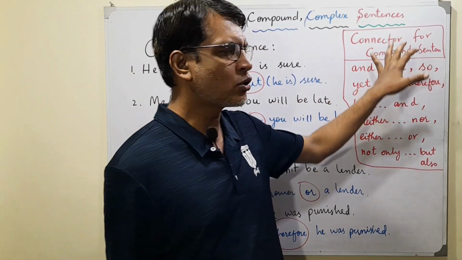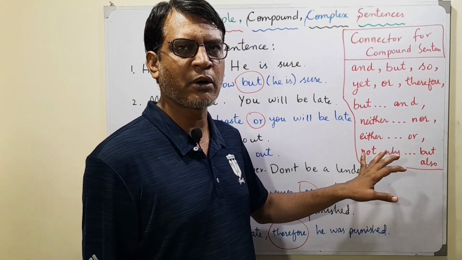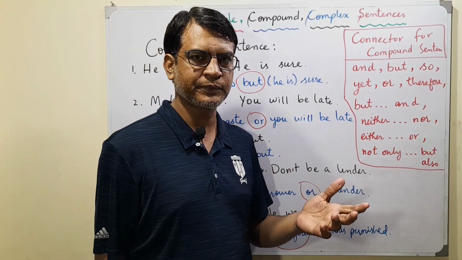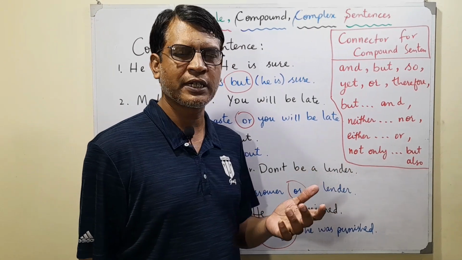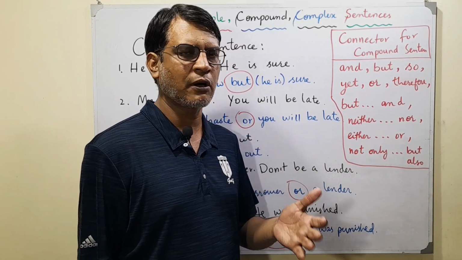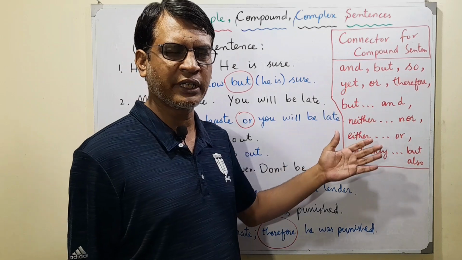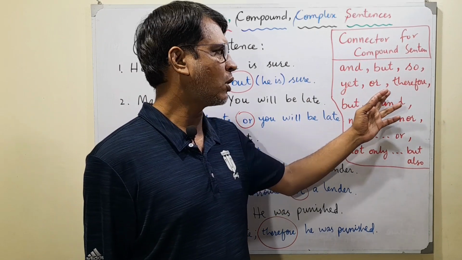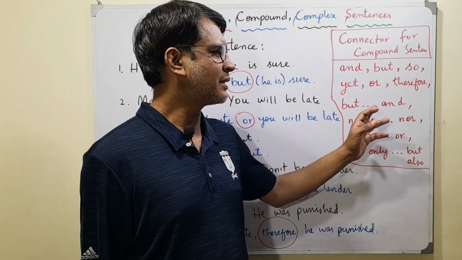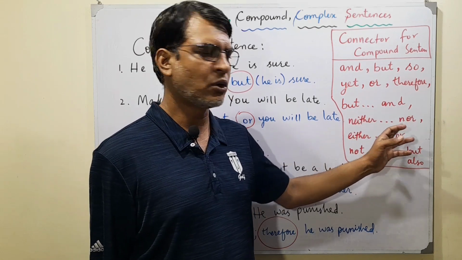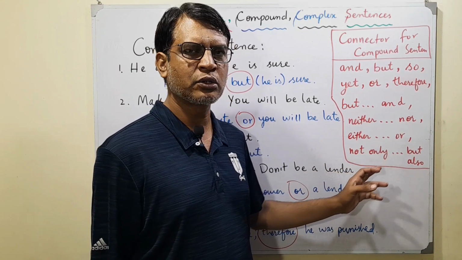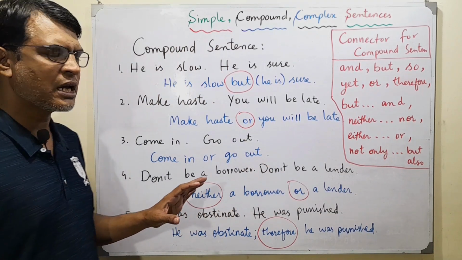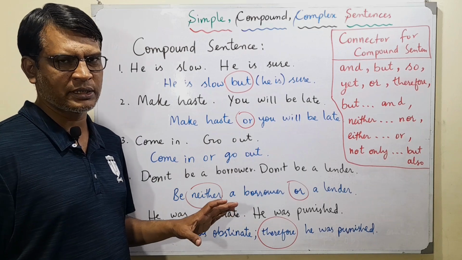If you want to know very quickly whether a sentence is a compound sentence or a complex sentence, look for these connectors: and, but, so, yet, or, therefore, neither, nor, either, or, not only, but also. These are some of the most common connectors which we use for compound sentences.